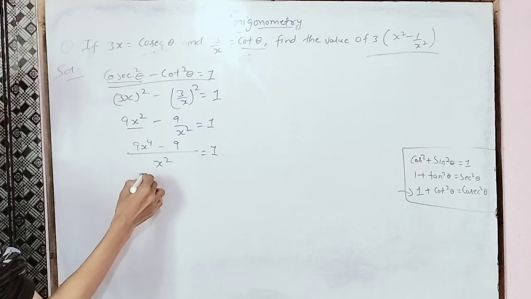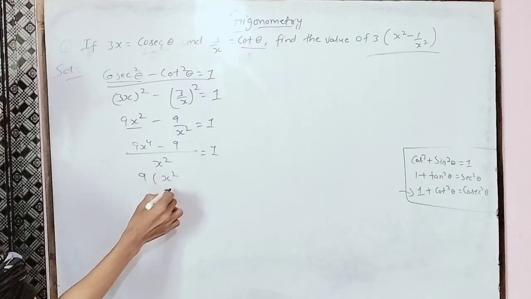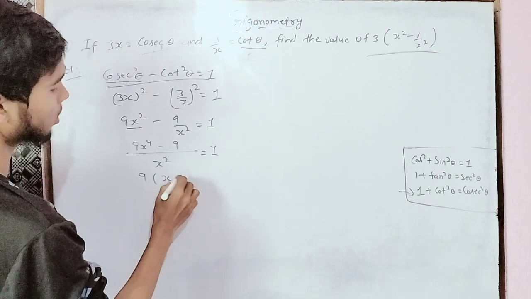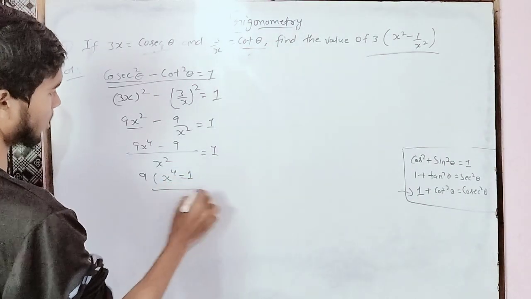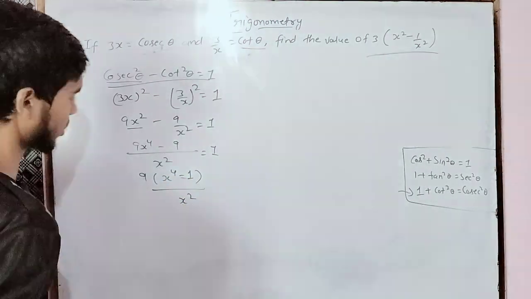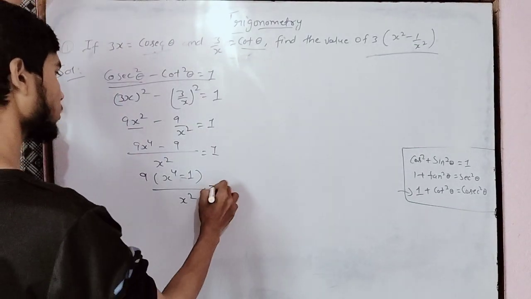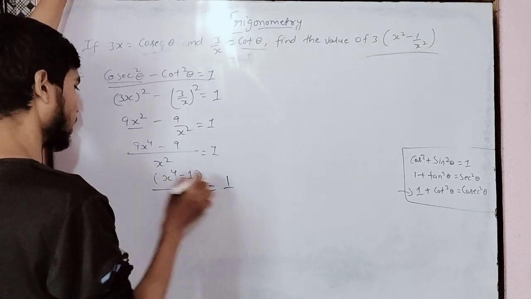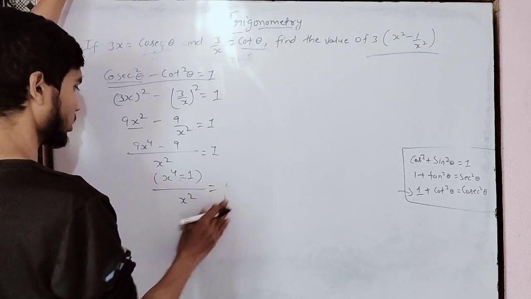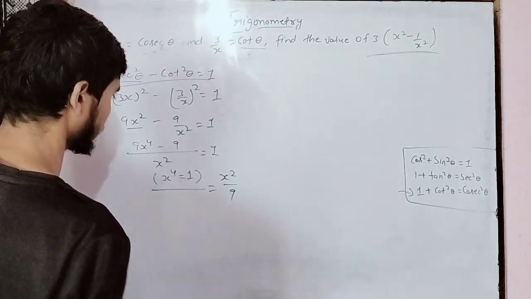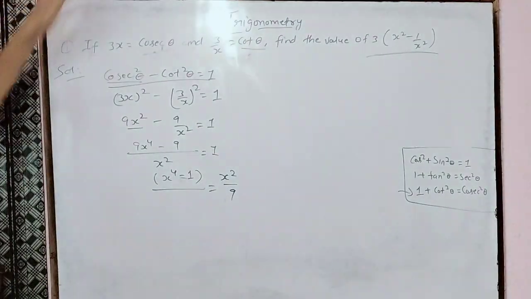So here 9x4 minus 1, x4 minus 1 upon x square, 1 upon 9. So can we write x square upon 9? So what is happening?